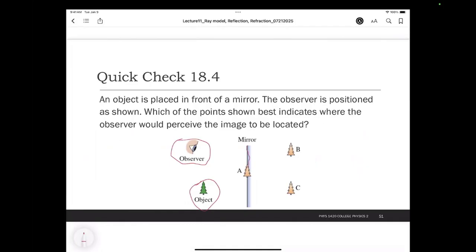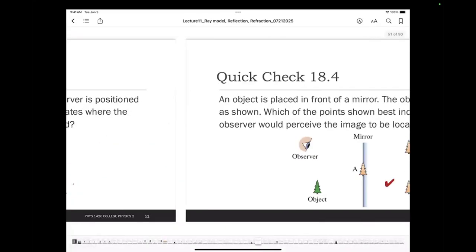Here is a mirror, and from the reflection law, we know there will be a mirror image here, because it is the same distance as the object. So for the observer, you can see the image there. Does it make sense to you? The answer should be C, am I right?